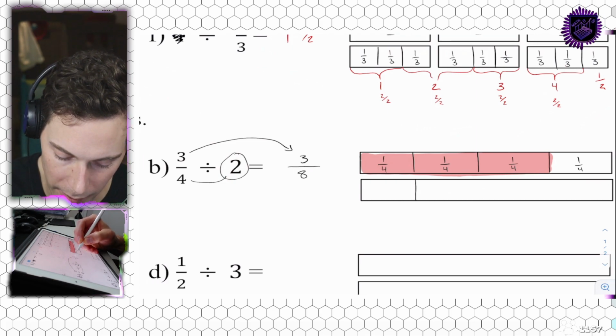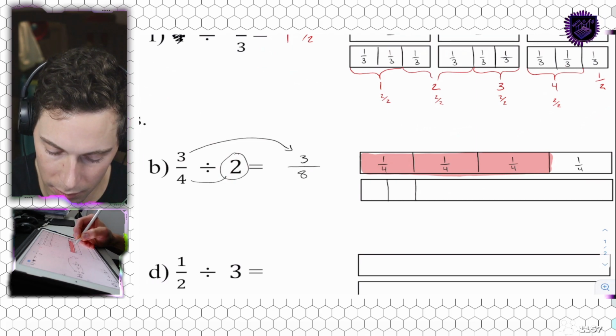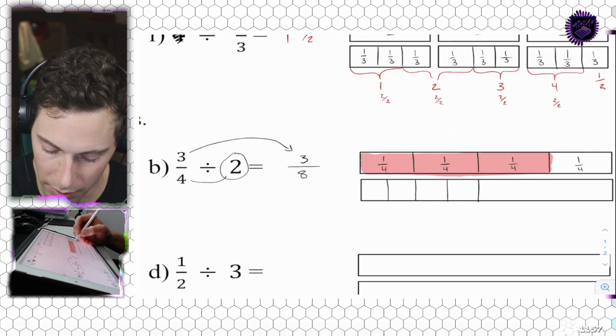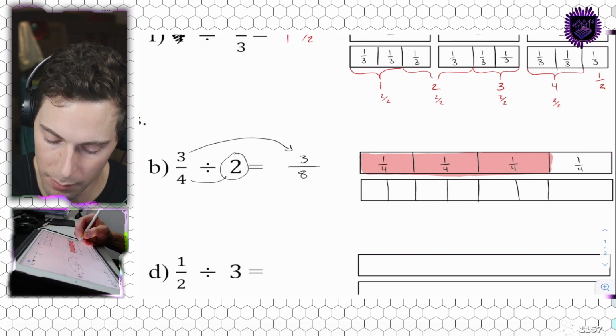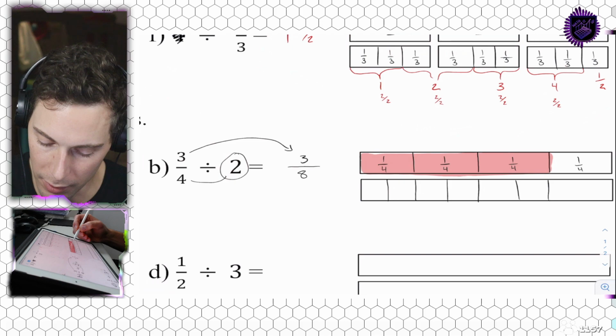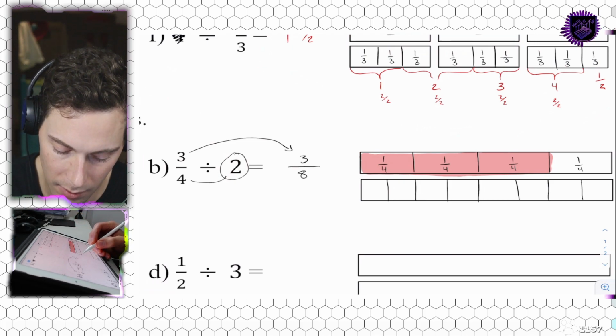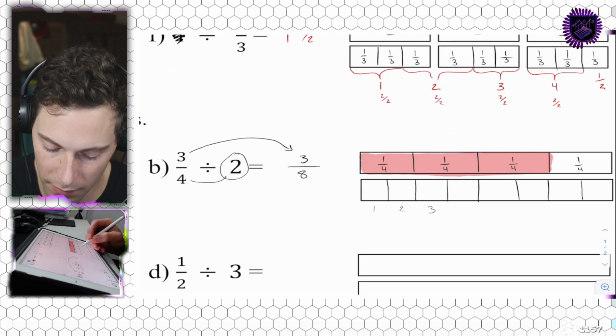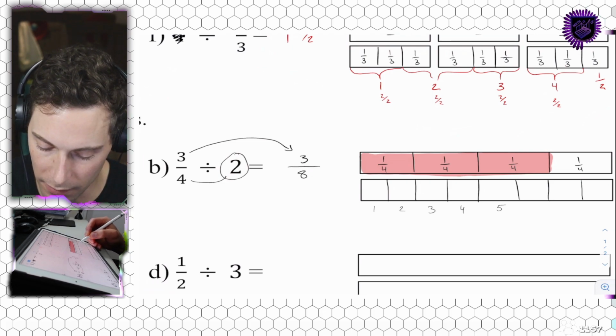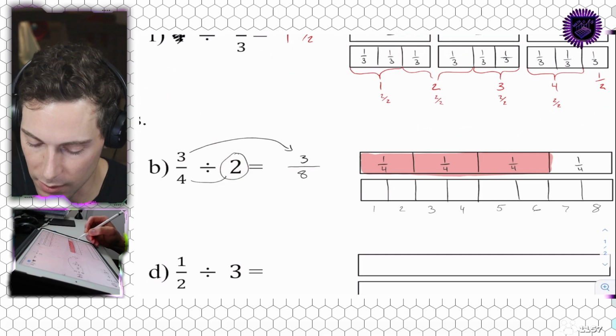So let's draw what we have and break it into two. Draw our quarter and break our quarter in half. Draw our quarter, break our quarter in half, and break this last quarter in half. So now I see 8 pieces. 1, 2, 3, 4, 5, 6, 7, 8.